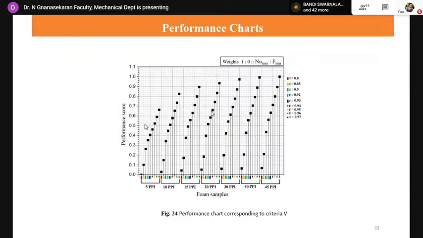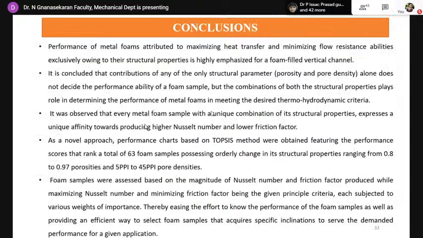So this gives you a very good insight about all these parameters which we have considered so far. The important parameters such as the pores per inch and porosity play a major role, and these combinations can affect the heat transfer and pressure drop very much. That's how we figured out, and then we have done the analysis.